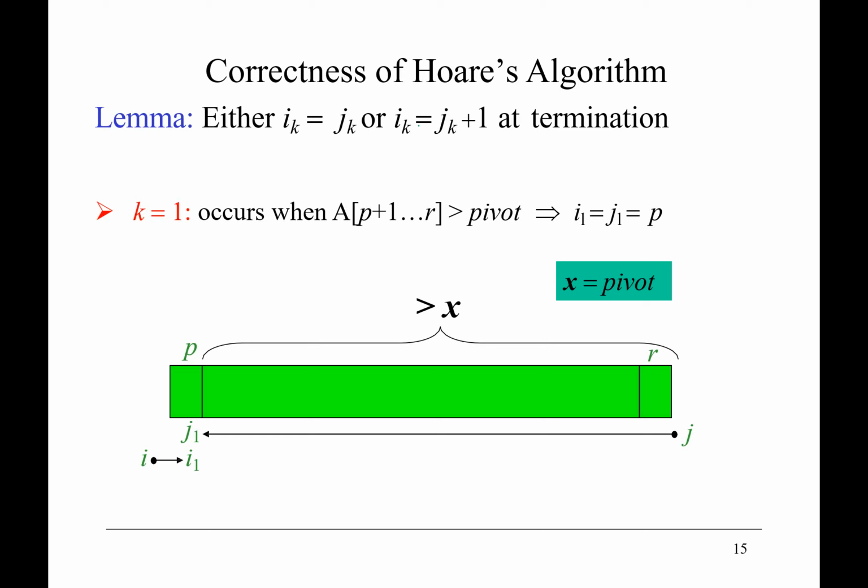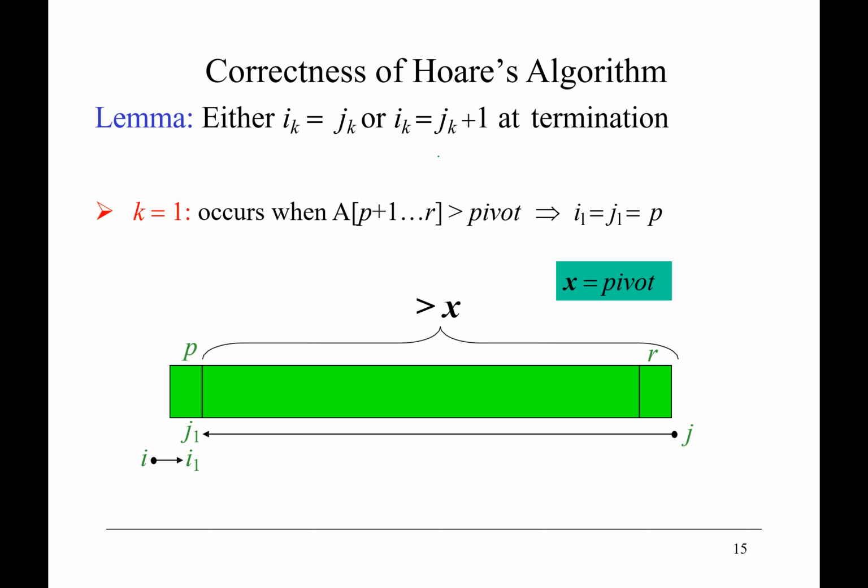The second case could happen in the final iteration, which corresponds to Ik equal to jk plus 1. It means what we mentioned before: I larger than k, I larger than j, or I equal to j, and the whole outer loop finishes.